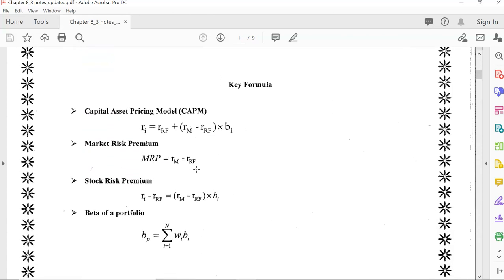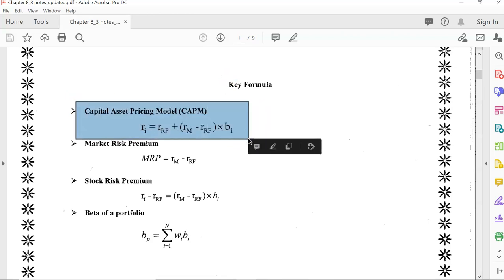Here are some key formulas, the formulas for the capital asset pricing model. Stock return equals the risk-free rate plus the market risk premium, which is the market return minus the risk-free rate, multiplied by beta.